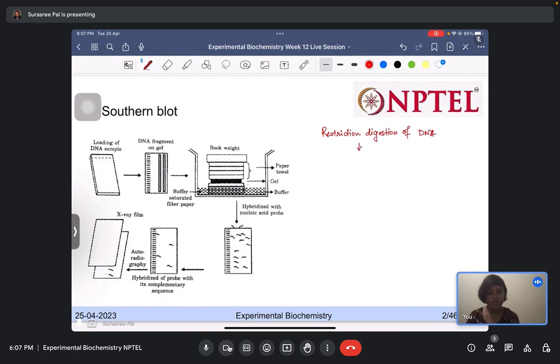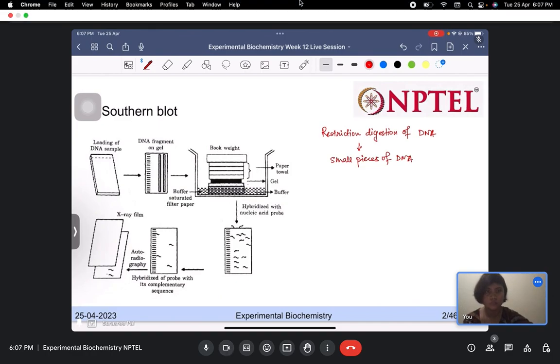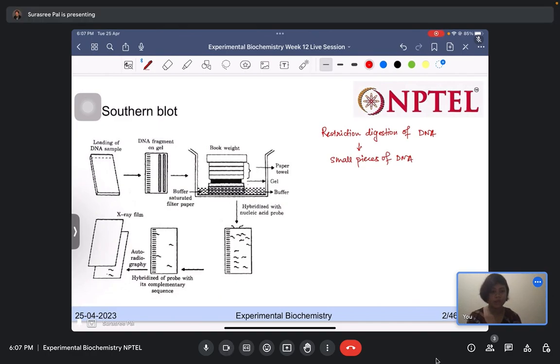What restriction digestion does is that, with the help of restriction endonucleases, we can get small pieces, or small fragments, of the DNA, and then we run these fragments on agarose gel.